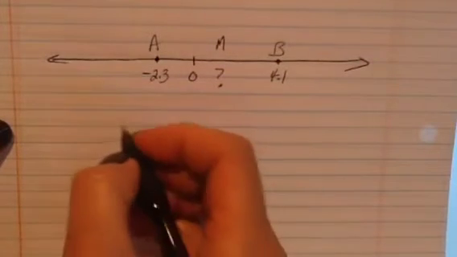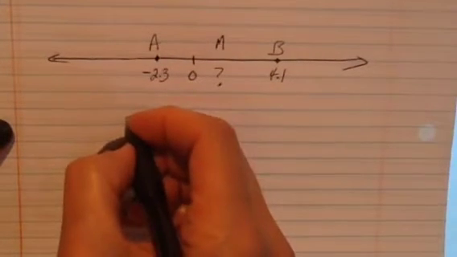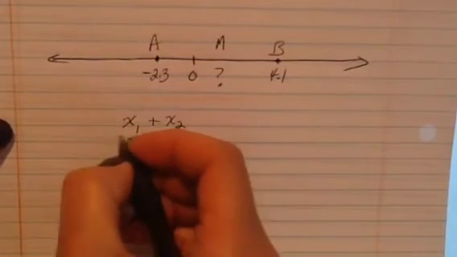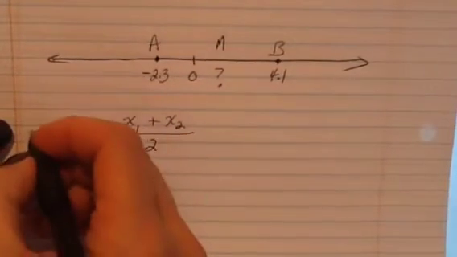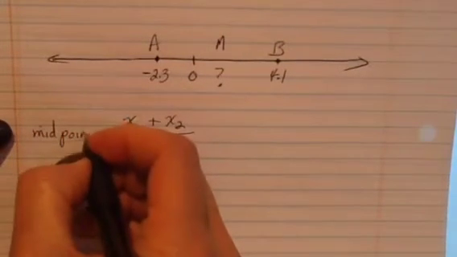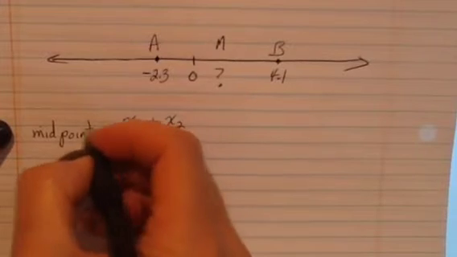Well, using our formula, we know that the midpoint equals x sub 1 plus x sub 2 divided by 2. And that is our midpoint formula for finding the coordinate of a midpoint on the number line.